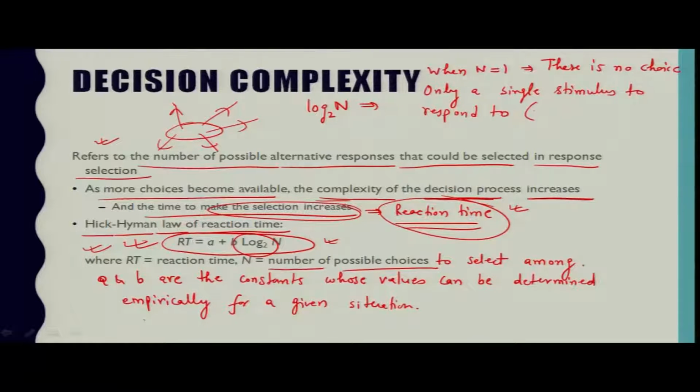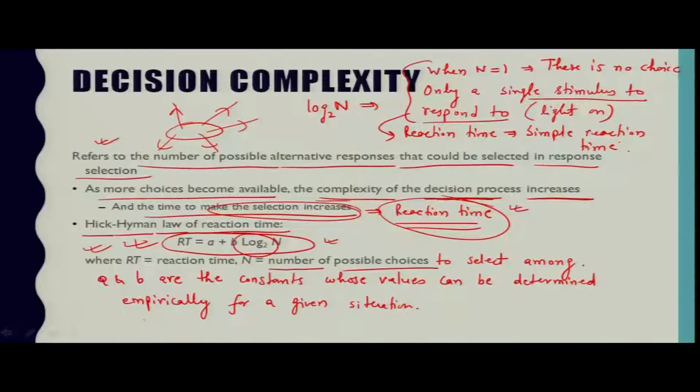As an example, a light flashing on, so there is no choice, the light just flashes on. This situation, when there is no choice and only a single stimulus to respond to, is known as simple reaction time.